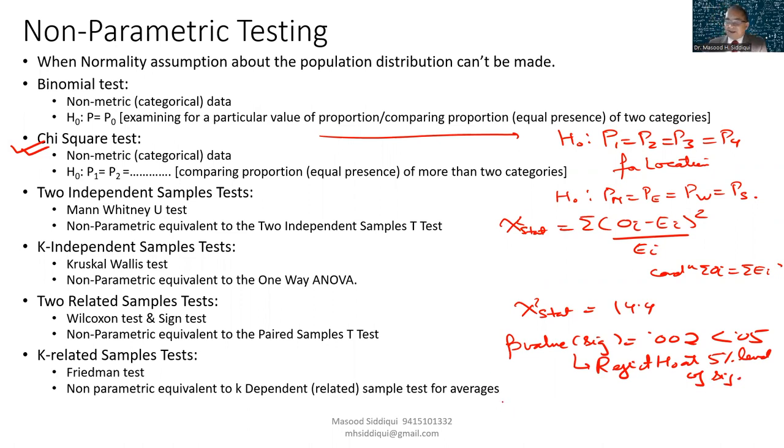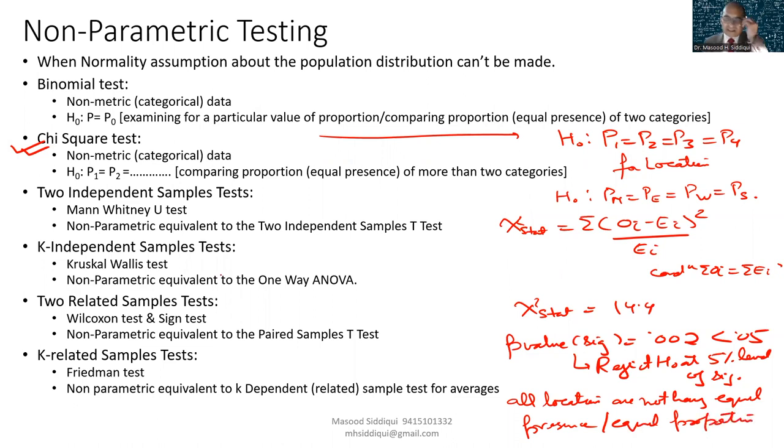It means all locations do not have equal presence or equal proportion.